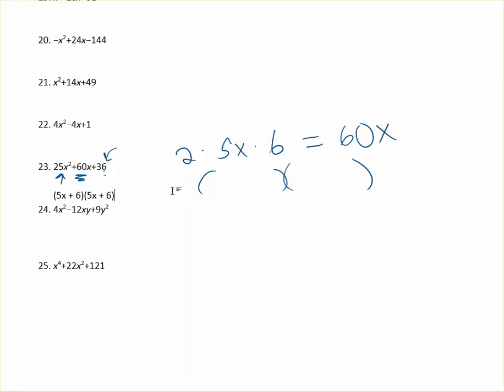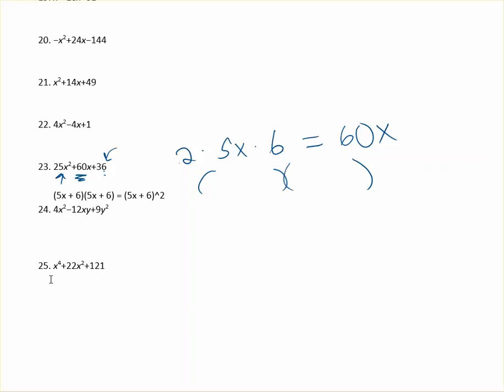And you can FOIL it back to check. Or, since those are both the exact same thing, I could write this as 5x plus 6 squared. You can use this to show that it's squared, or you can go ahead and do the formatting to put the exponent on it. And that's it. So if you see that it's a perfect square trinomial, you'll save yourself some time on the more complicated ones.